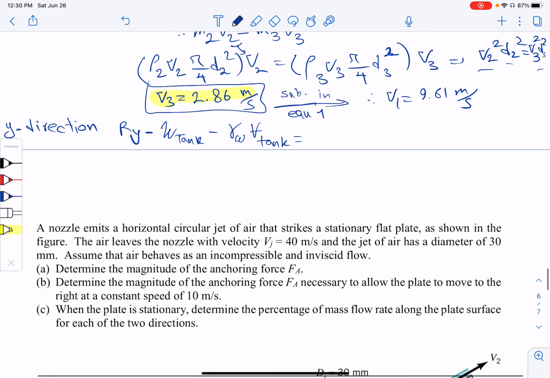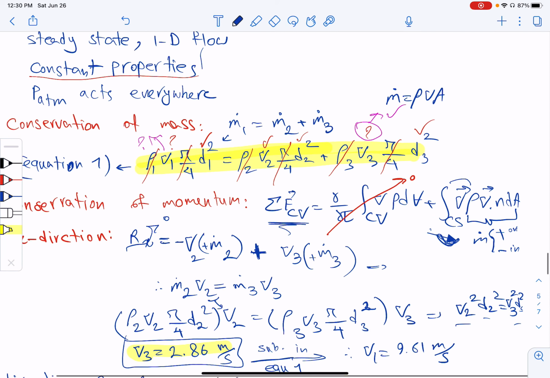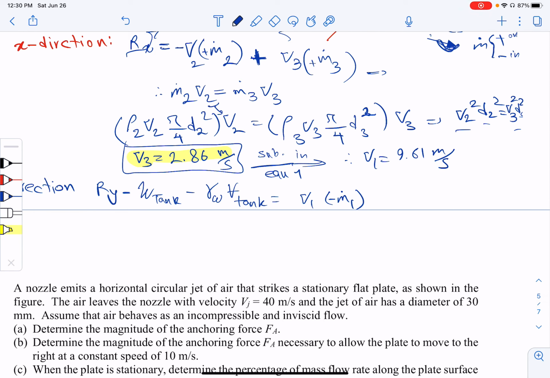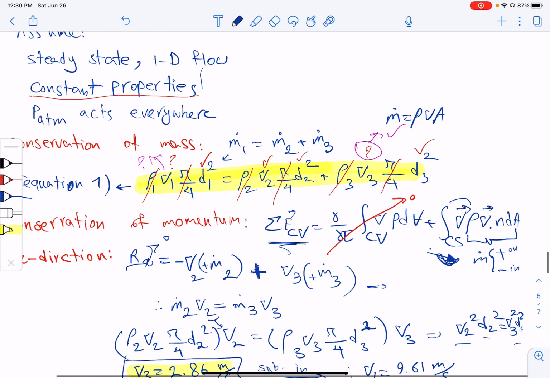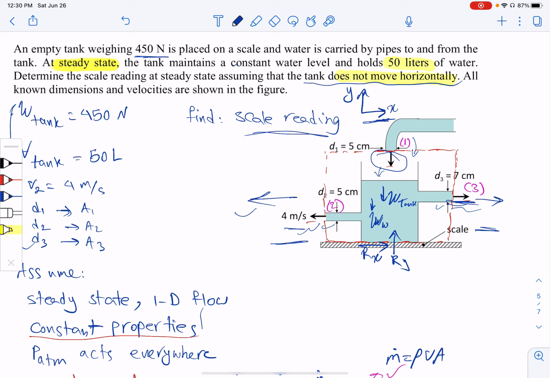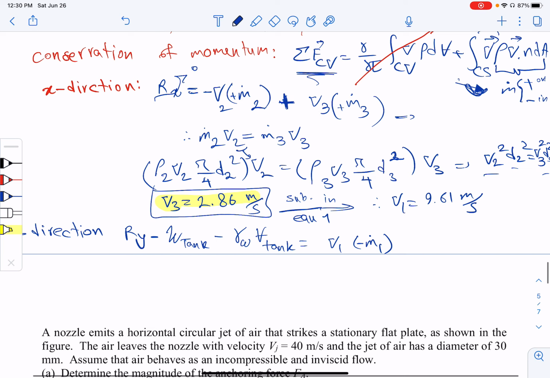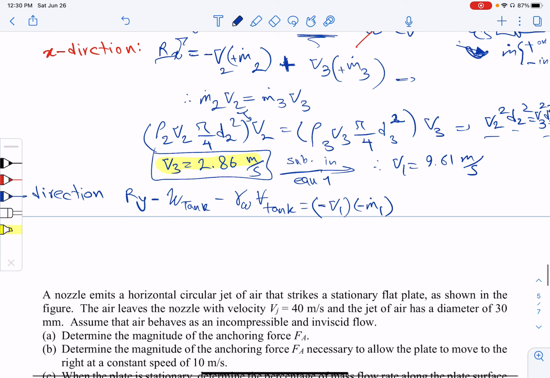So we have V1 and m dot 1 here, and m dot 1 is inflow, so we have a minus sign here. And we also have a negative sign for V1, because the direction of V1 is from top to bottom, so it has a negative sign as well.